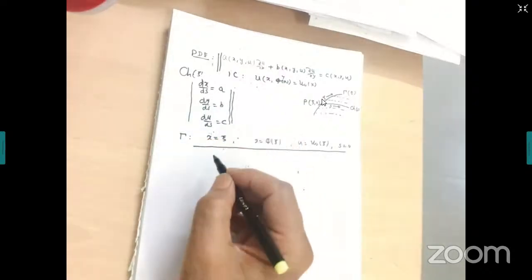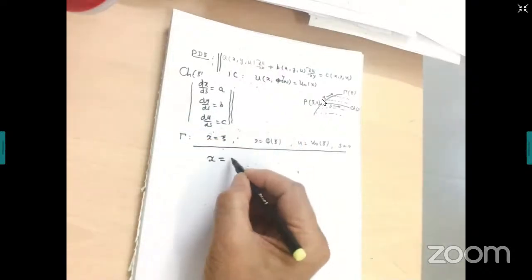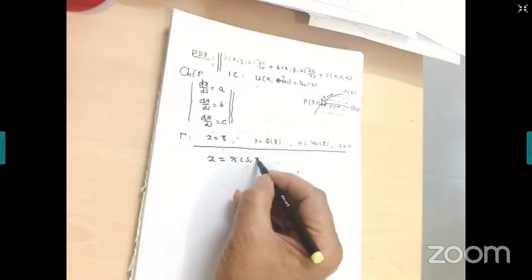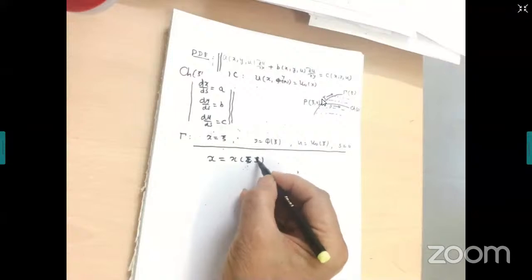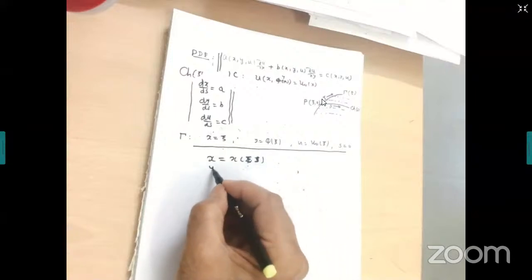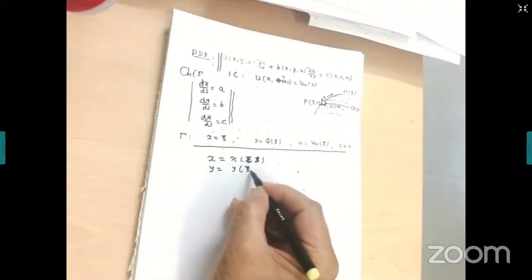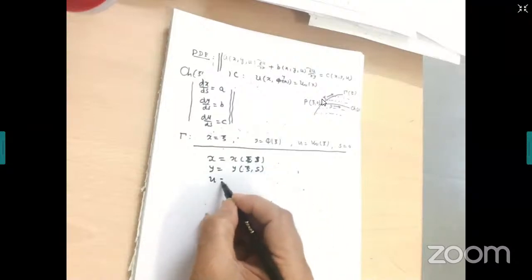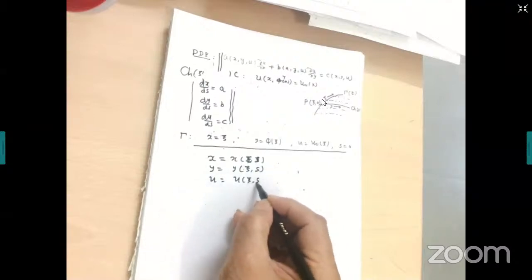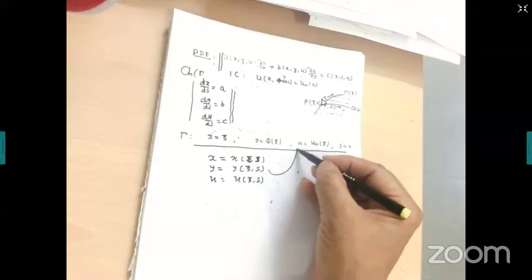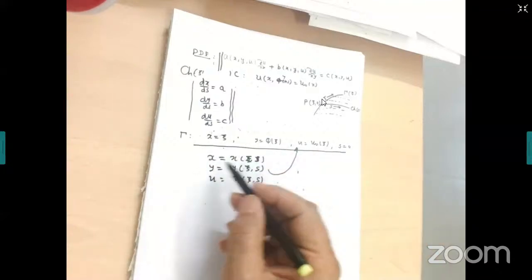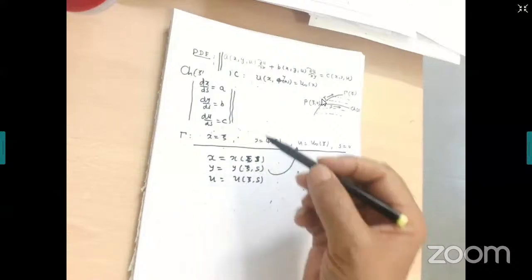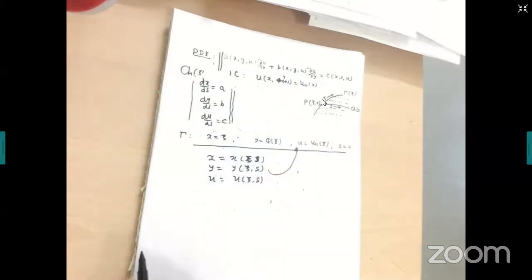So the solutions can be written as x as a function of xi and s, y as a function of xi and s, and u as a function of xi and s, satisfying these conditions at s equal to 0. So these equations, in fact, constitute the solution of this initial value problem.